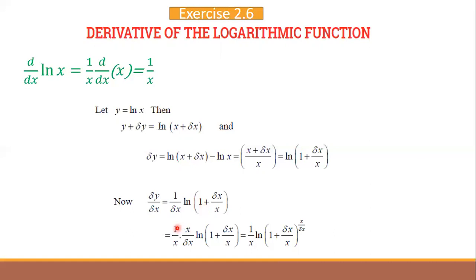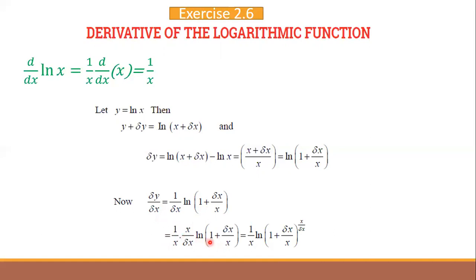Now del y by del x is equal to, multiplying and dividing by x in both numerator and denominator, 1 over x into x by del x, natural log of 1 plus del x over x.